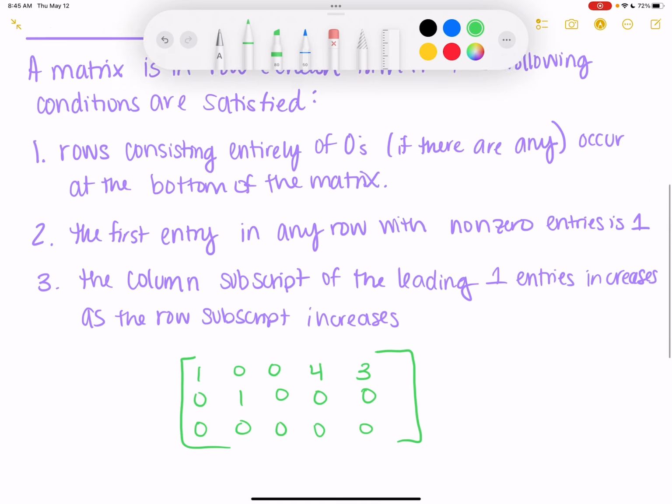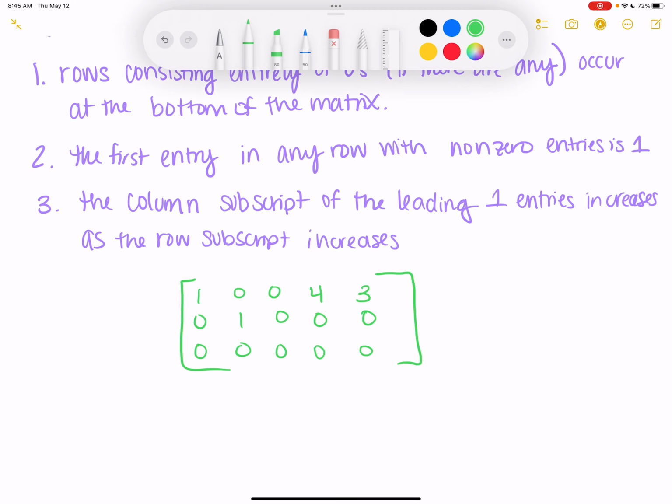Okay, so the bottom has to be all zeros. Well, if there is a row of all zeros, it has to be at the bottom. There does not have to be a row of all zeros. If you have anything that's not a 1 or a 0, you have to have a 1 first in that row. If it were all zeros, it doesn't matter.